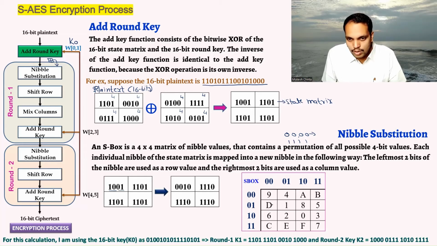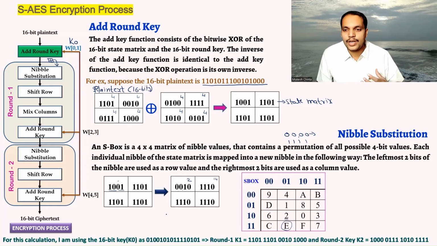So 1001 gives 2, so this nibble is replaced with 2, which is 0010. Similarly, for 1101, the row is 11 and the column is 01, and it is replaced with E. E is 14, so 1110. Because these two are also identical, you have the same 1110, 1110. This is what we do in nibble substitution.